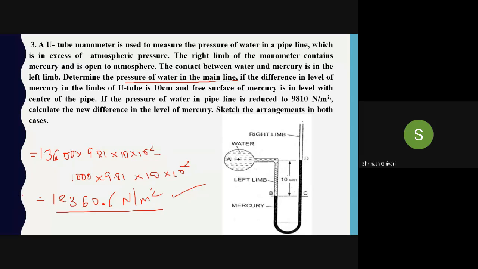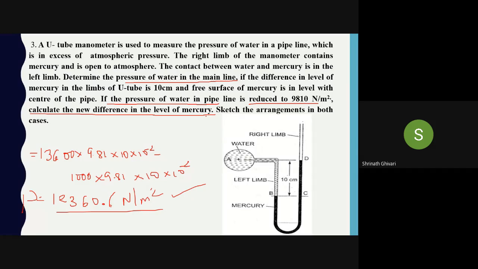So we have found the pressure of water in the main line now. Now the next question is what? If the pressure of water in the pipeline is reduced to 9810, calculate the new difference level of mercury.